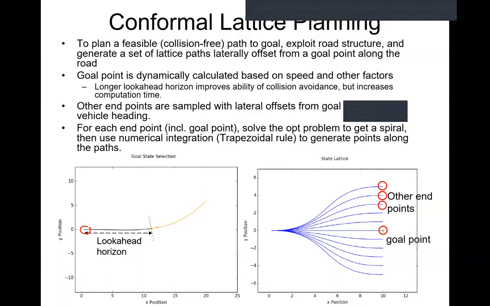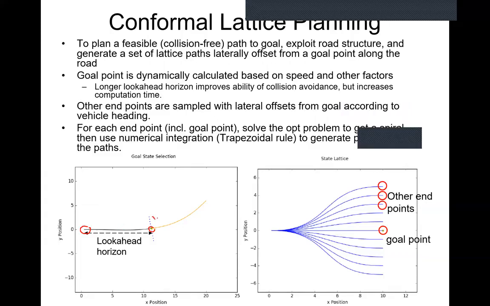You may have a look-ahead horizon, where a longer look-ahead horizon improves the ability of collision avoidance, but increases computation time. Here's the endpoint, this golden point. Here's the goal point, and then you sample the additional endpoints, the blue dots, with lateral offsets from the goal according to vehicle heading.